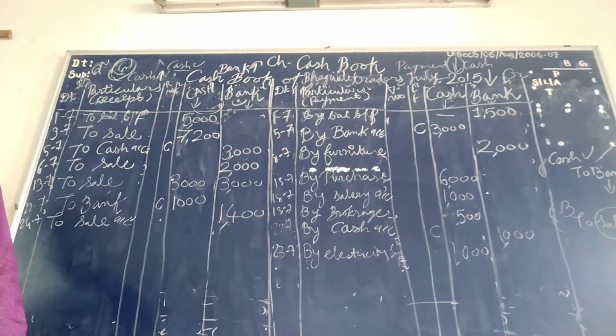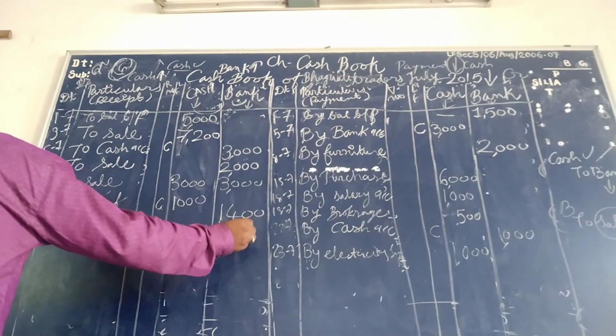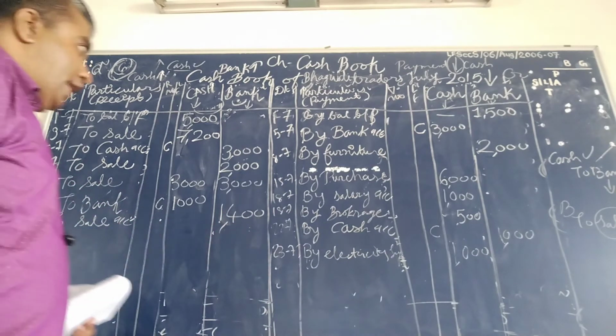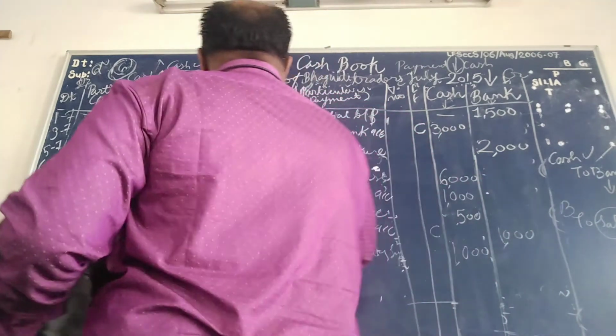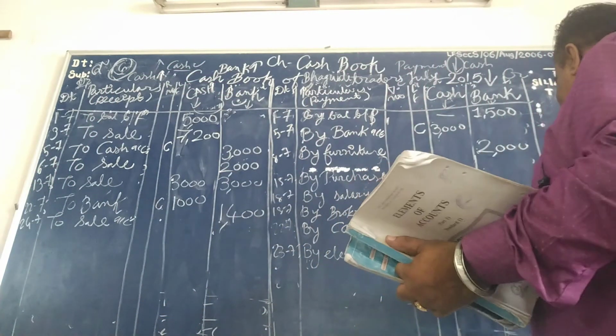So we have to collect the 1400 from Smith. We received a check of 1400 and now it is dishonored.